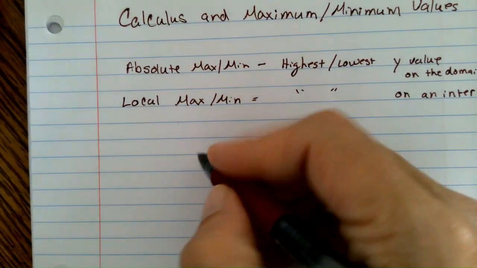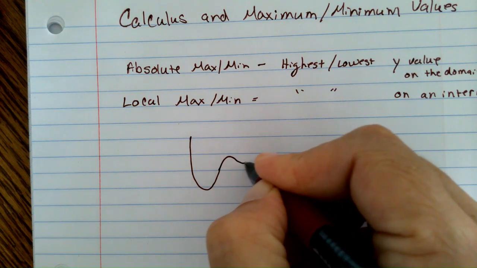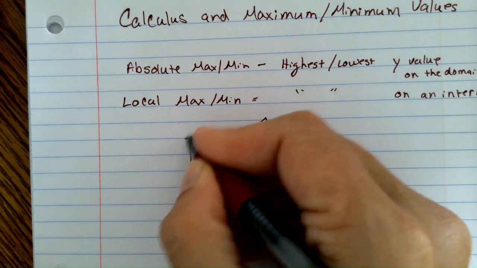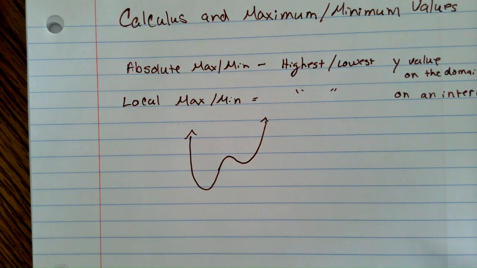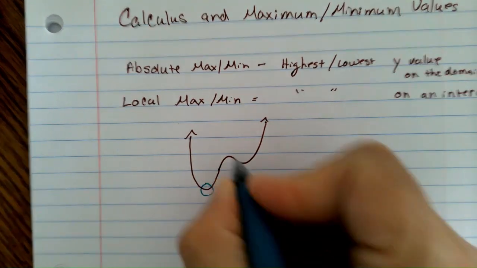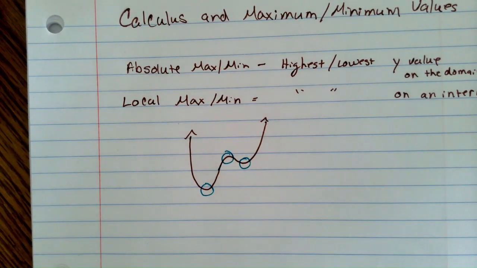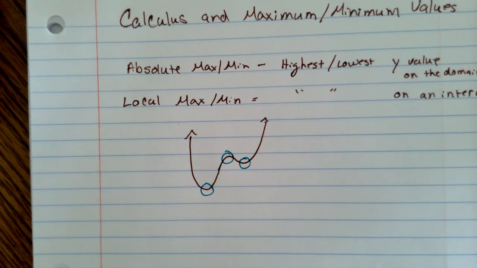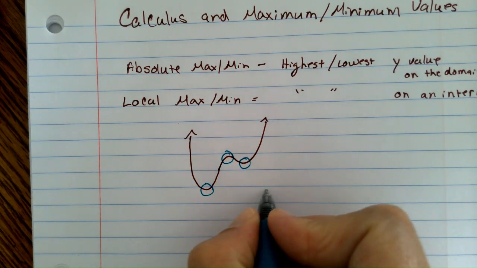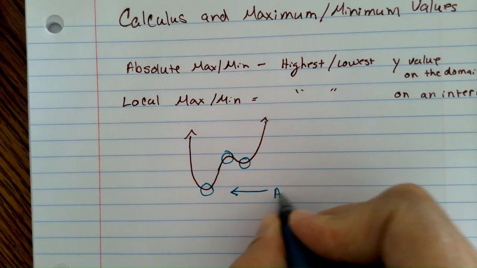So let's check out just a rough sketch here. Okay, here's a quartic function. We happen to have three locations where you could consider them local maxes or mins, but we only have one absolute minimum.